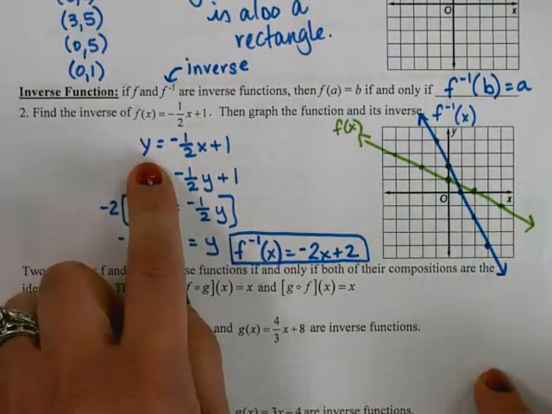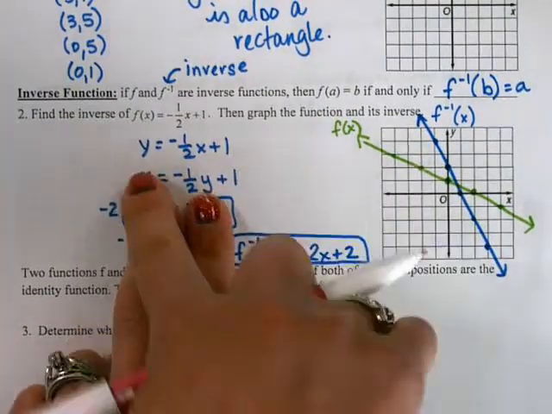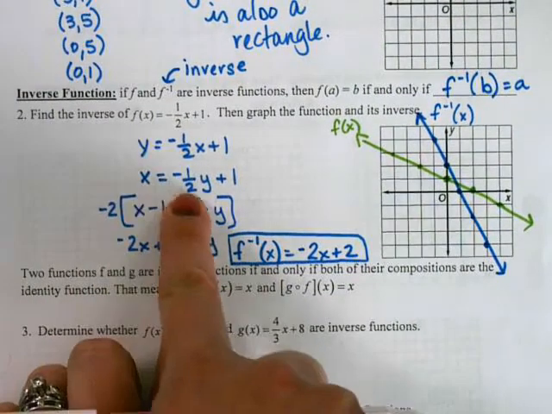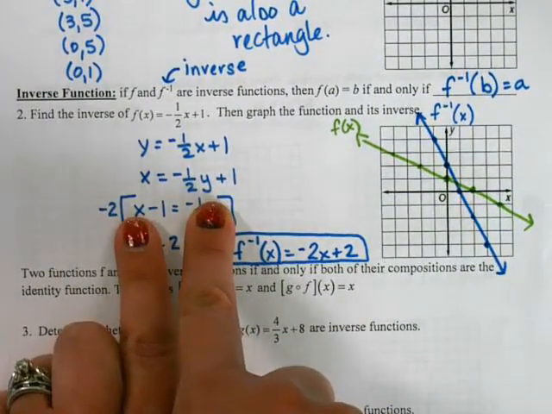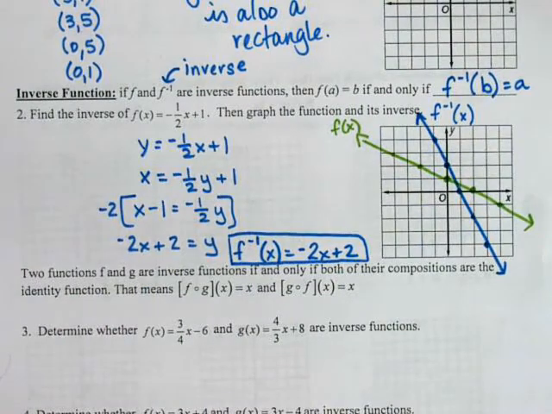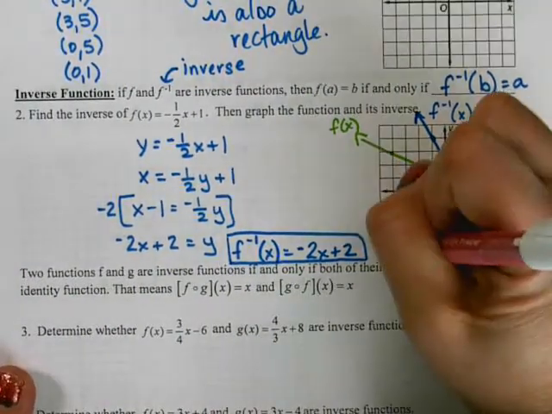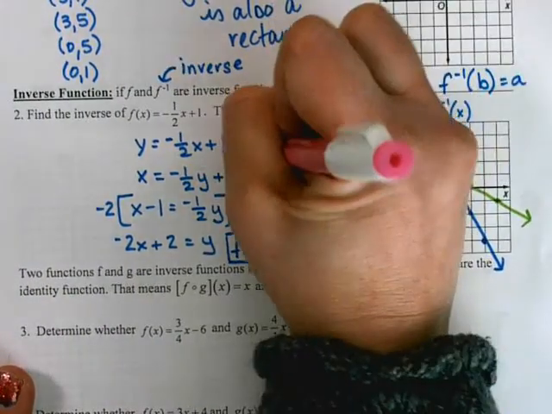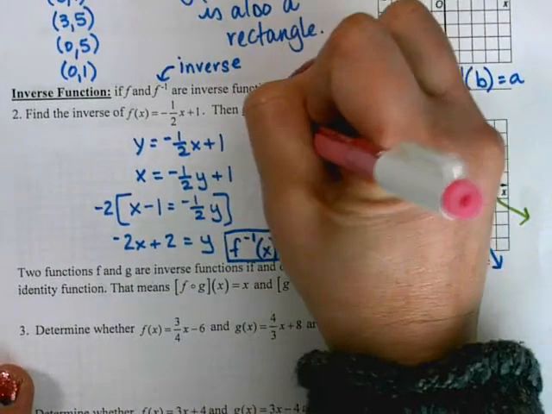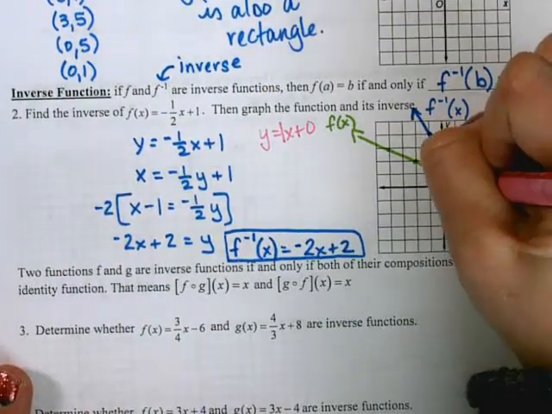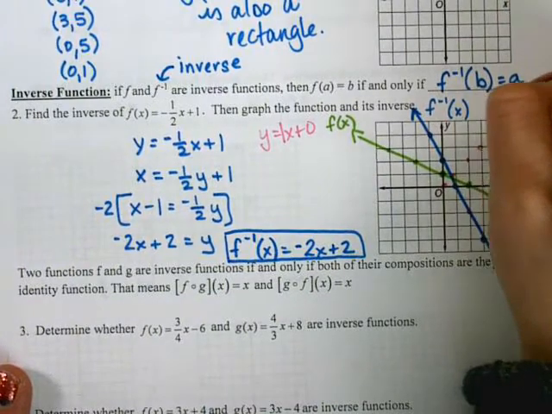At this point, when we switch the x and the y, we said y equals x and x equals y, right? So the line y equals x, think about the line as 1x plus 0. So I'm going to start at the origin, and I have a slope of 1.